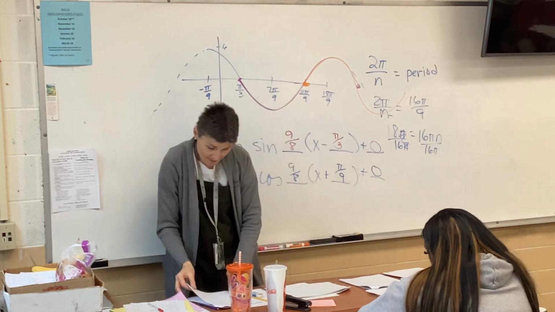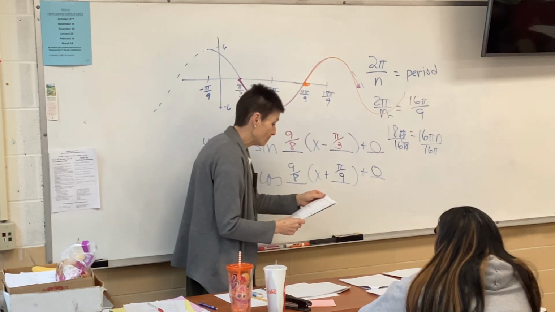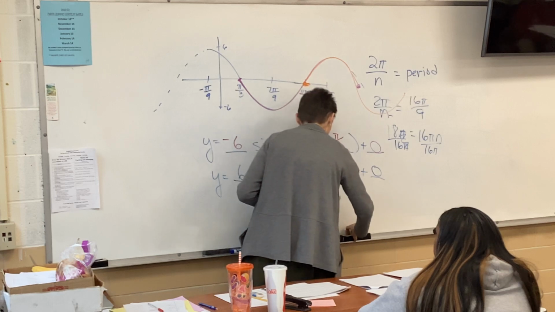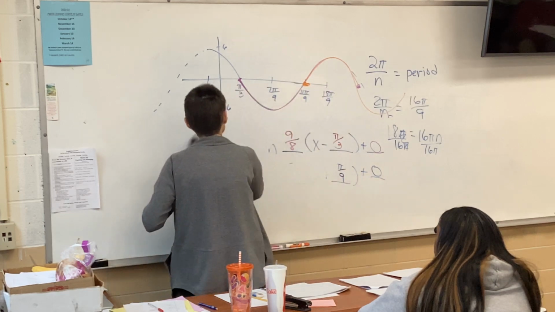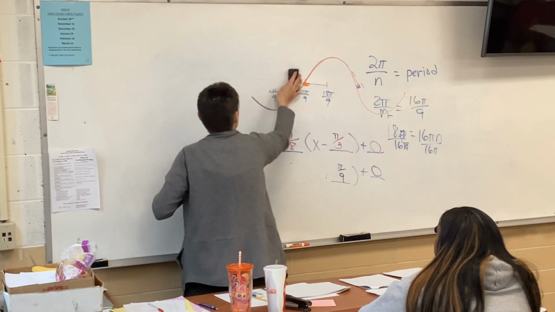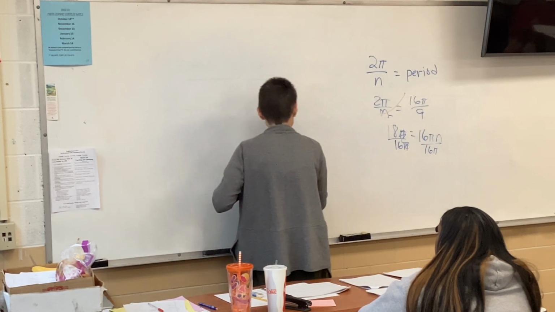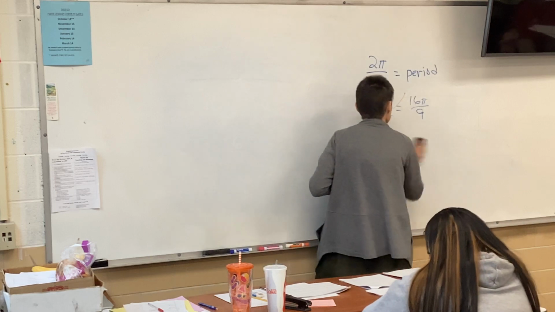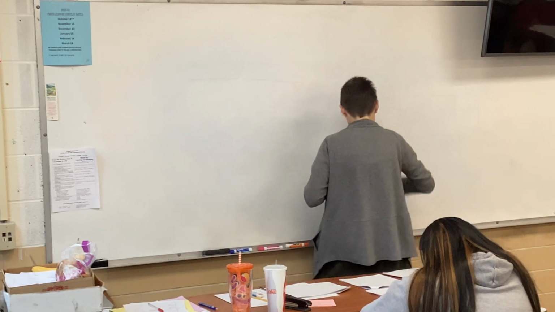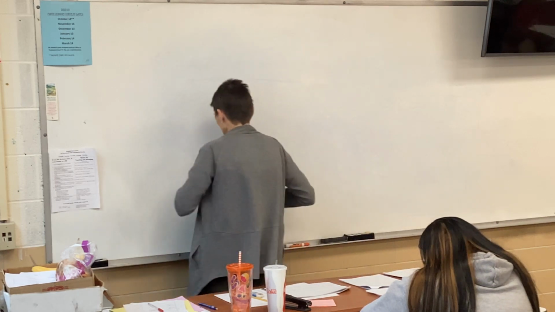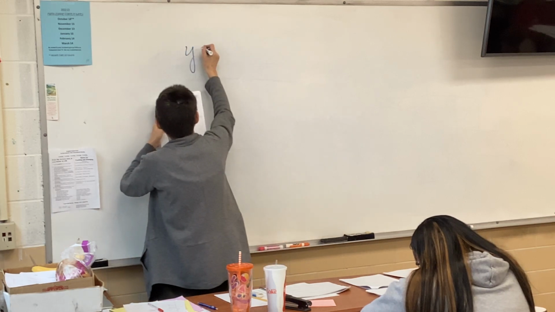All right, now let's see what we've got in number 3. Sketch one period and list all the requested info. So what I'm erasing right now was a picture that you wrote the equation for. Now we have an equation and you're going to draw the picture.